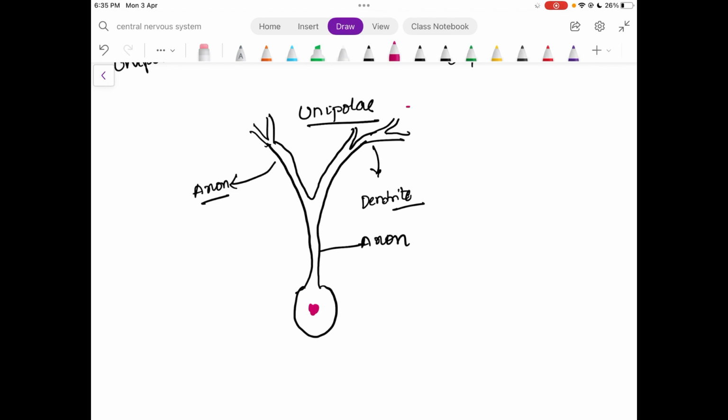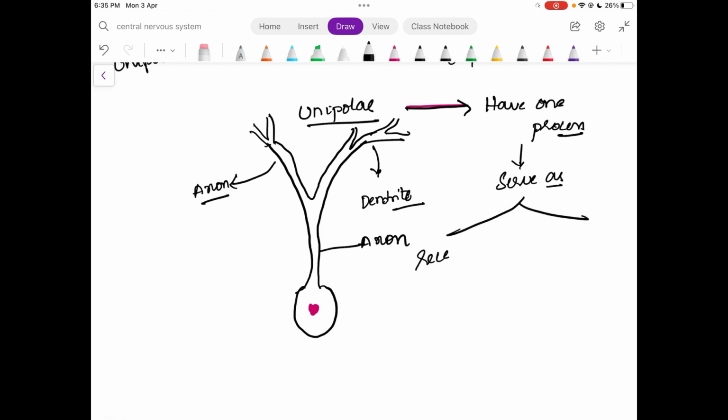What is the speciality of this unipolar neuron? They have one process, and this one process serves as the receptive surface, that is the dendritic surface, and the releasing terminal, which is the axon.